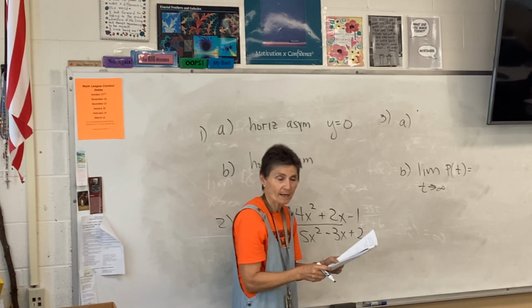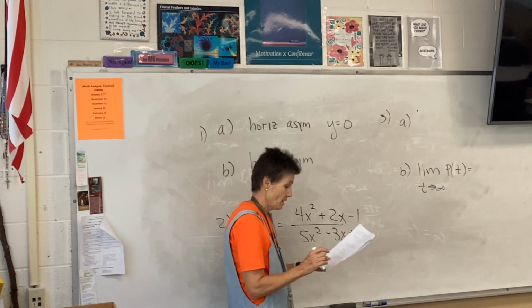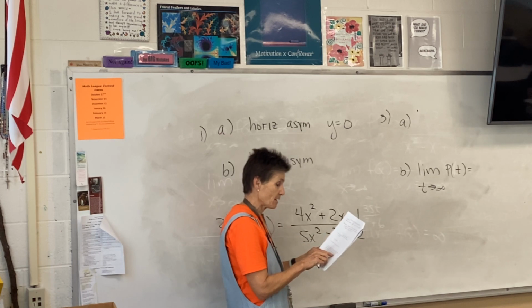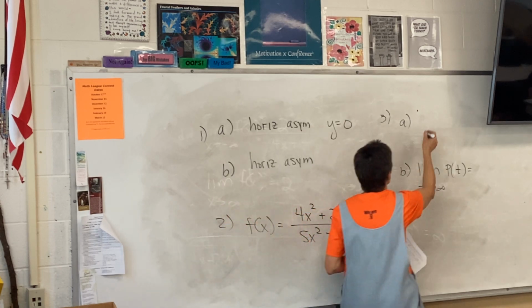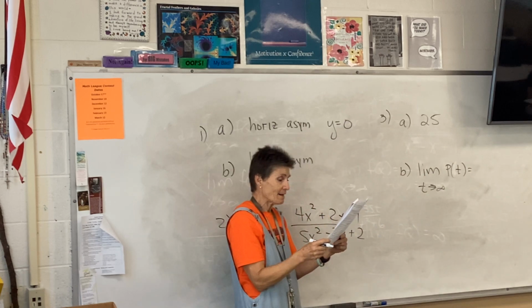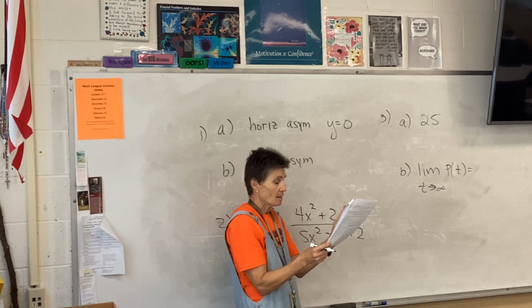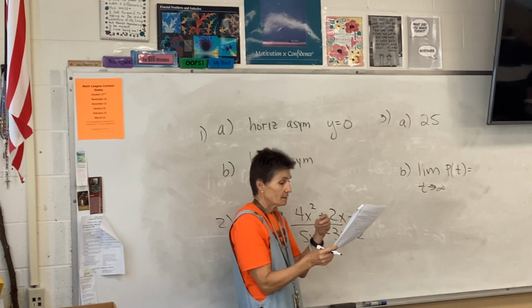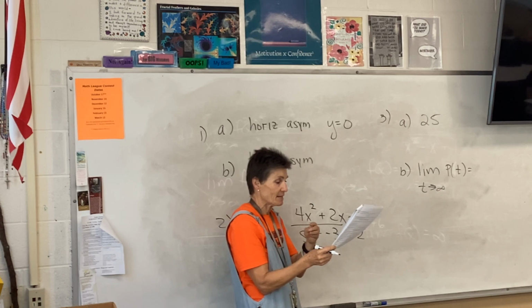How do we find a y-intercept, people? Plug in 0. Perfect, thank you. So plug in 0, it looks like we get 25. Now, that's 25 what? The population of bugs T days after transfer is given by this.